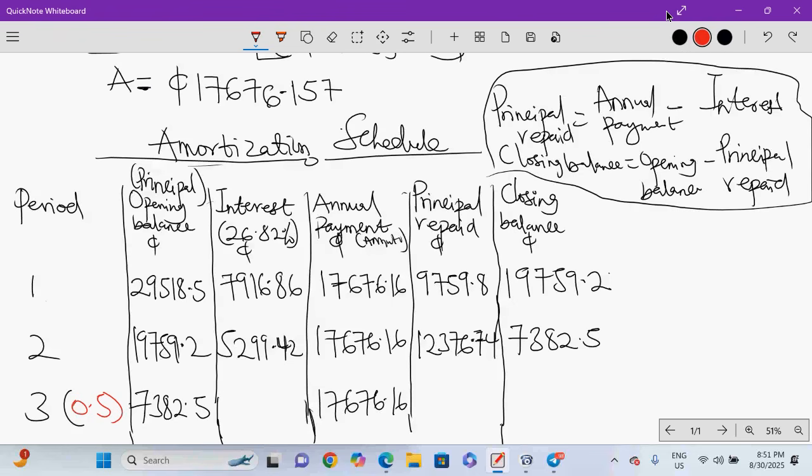If the full year is giving us 26.82%, then half year will give us how much? More or less divide. So basically, divide this thing by 2. What is the interest rate?